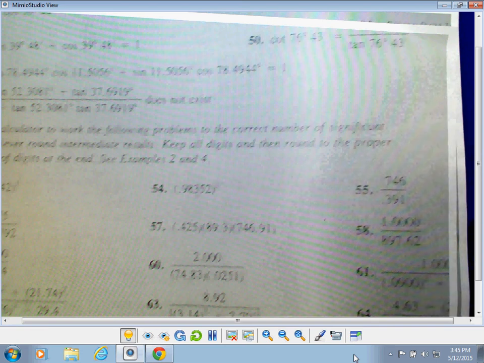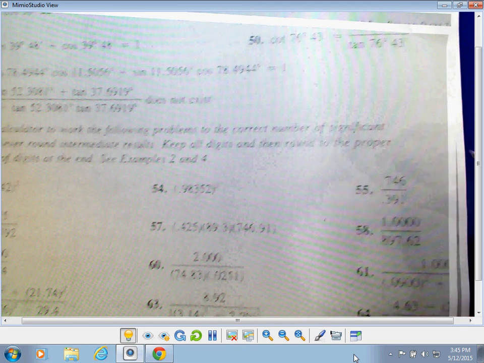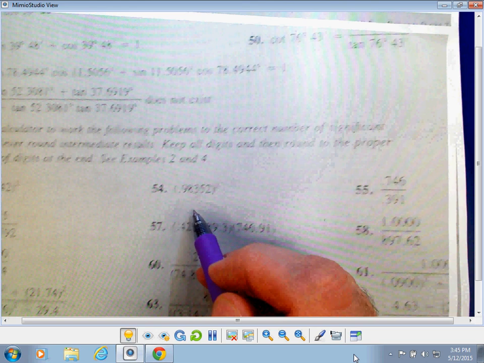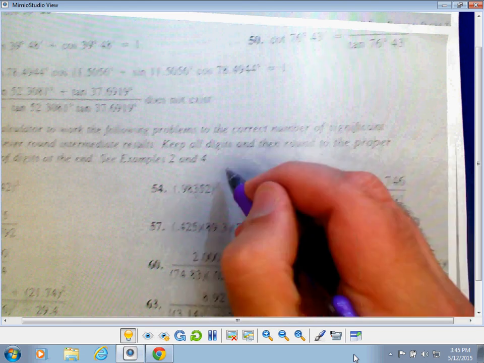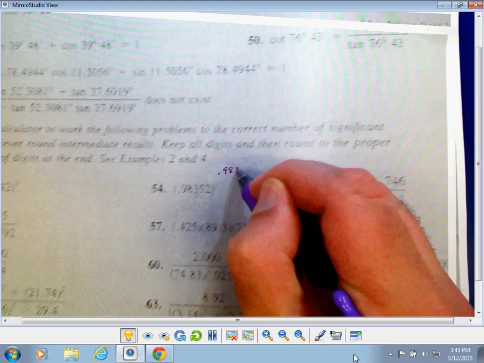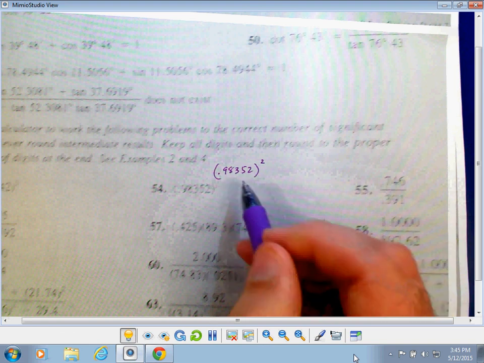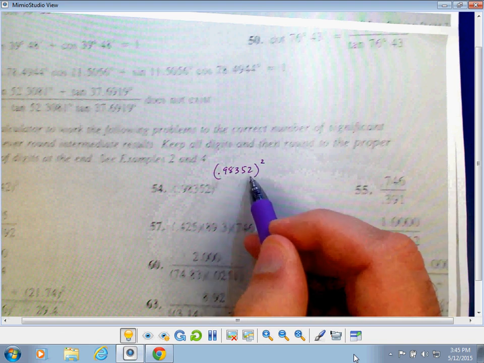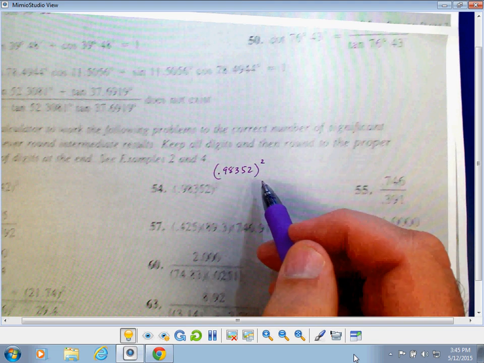You can only give it to the minimum number of significant digits you have in the problem. So if I look at number 54, I'm sorry this is so blurry, when I printed it, I guess it's just about as good as you can do. This says 0.98352 and it's squared. There are 5 significant digits here. So that means your answer can be written in at most 5 significant digits.